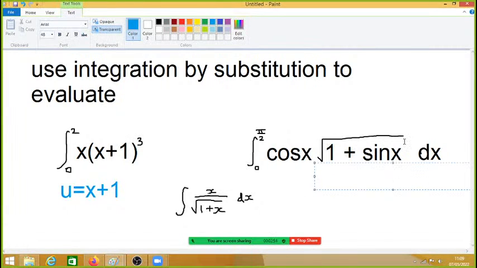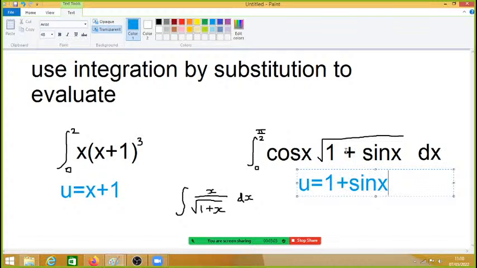The bit under the square root is very complicated at the moment. It's going to make it hard to integrate. So why don't we just swap it for u? We can just say u is equal to 1 plus sine x, and that would mean we just have the square root of u, which would make it a lot easier to then deal with. Fantastic. I'll just keep that there so you can see the kind of pattern.